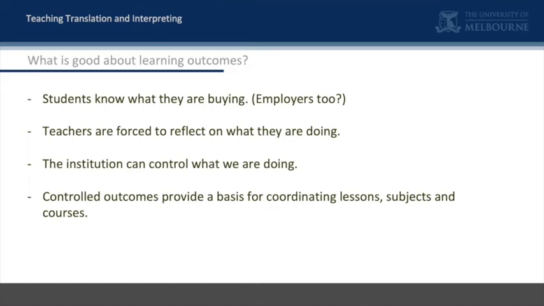Somebody could go back and look at the learning outcomes and say, the things being done in this subject are very similar to what's being done over here in this other master's. It could be an elective, and you would incorporate it into that. Or we could go back at a master and look at things being doubled up unnecessarily in different subjects. So it does allow control and coordination on that level.